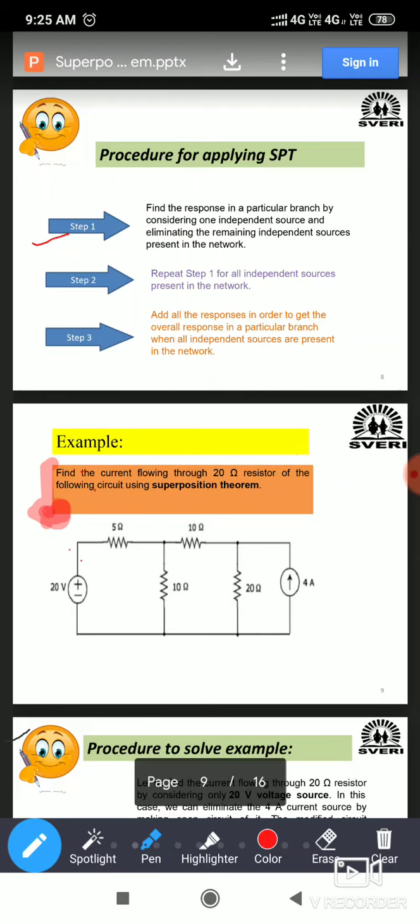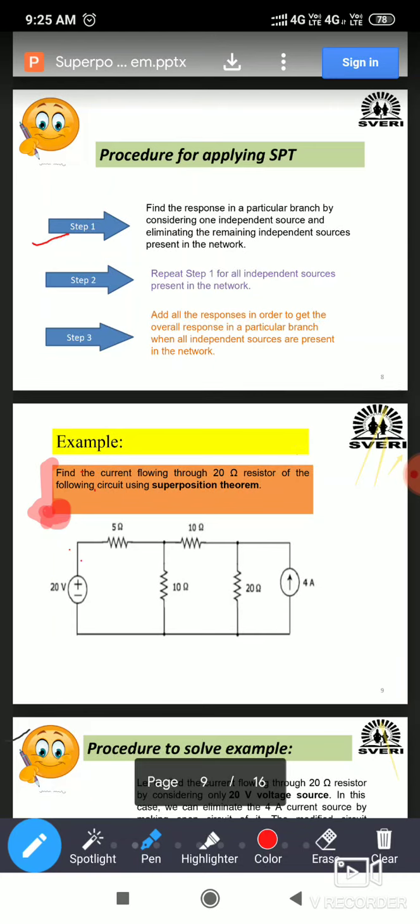Second, whether the network consists of at least two independent sources or more. And third, which response they ask to find out, whether current or voltage across any element or branch. Once you understand these three points, then you can start step one. So what is step one?